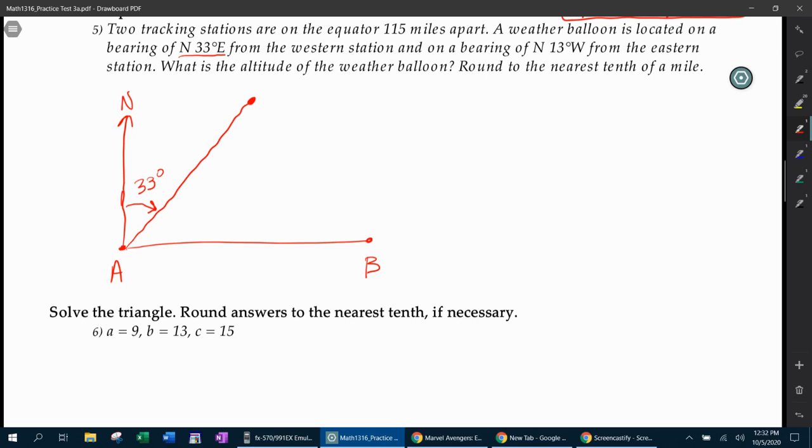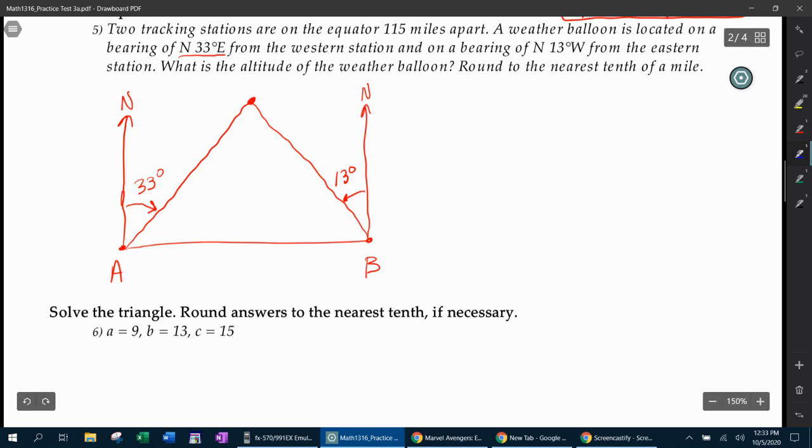And then it's from the eastern station, it's on a bearing of north 13 degrees west. So again, from the north, and this one is northwest, which means this is going to go towards the west. How many degrees? 13 degrees west. What is the altitude of the weather balloon?